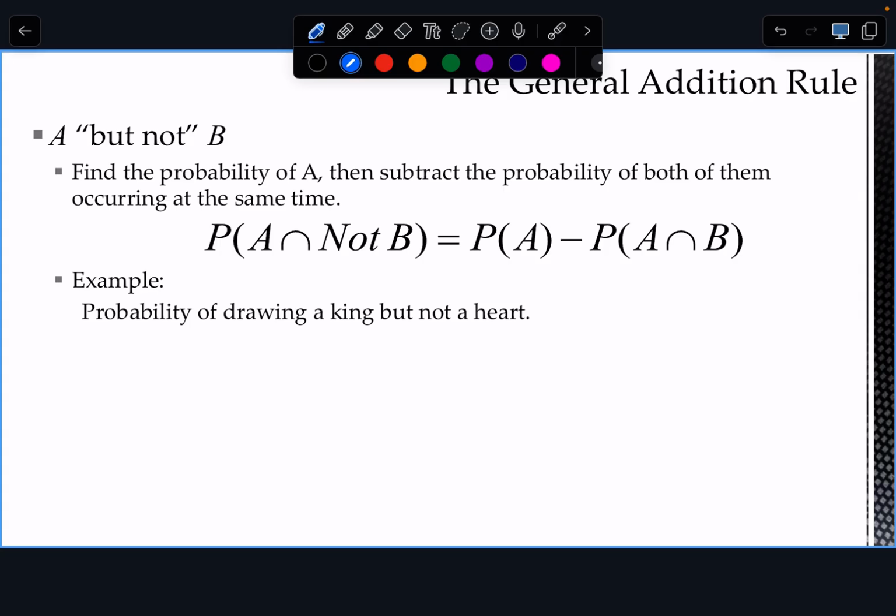So I don't want the outcomes that are shared with anything else. So if I want to figure out the probability of the outcomes or getting my particular event, but not including the outcomes that also overlap with another event, I take the entire probability of A. So I take all of the outcomes in A, and I subtract out any of those outcomes that also work for B.